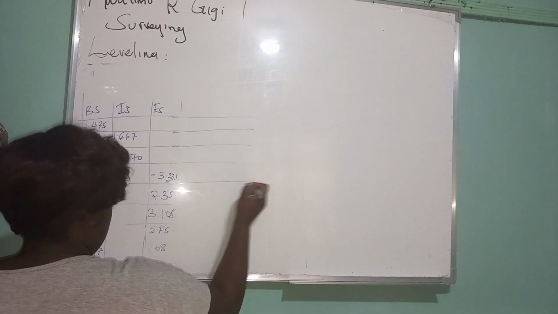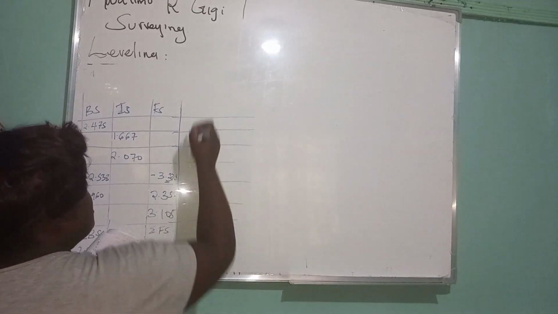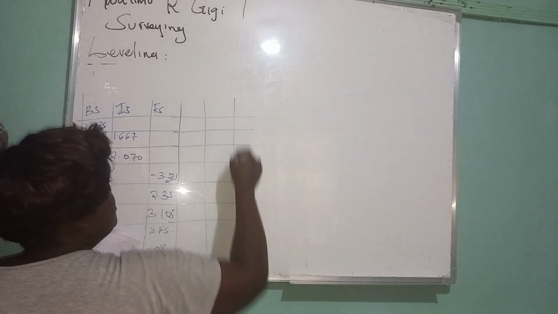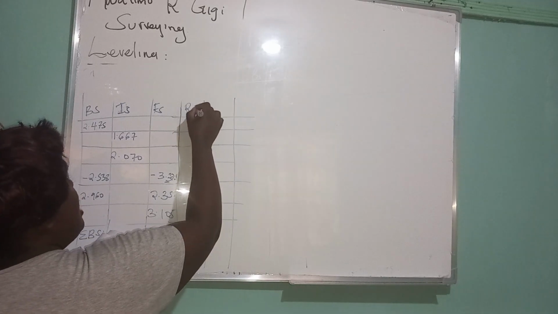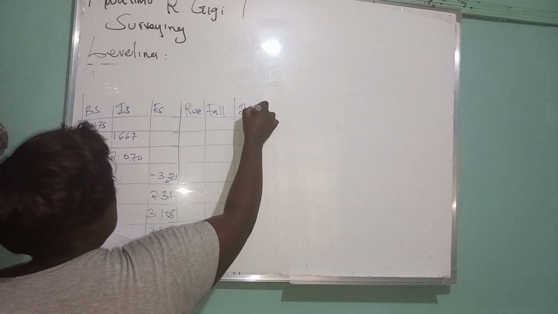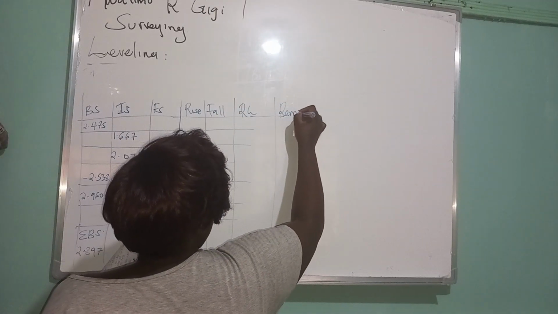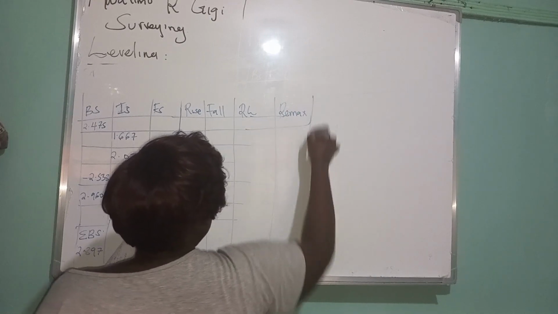So we know how to book a rise and fall. We'll have a column of rise and a column of fall, then a column of reduced level, then the remarks.